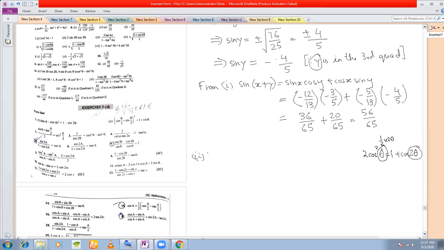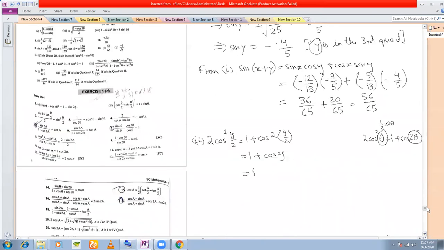So therefore you can write 2 cos square of y by 2 is equal to 1 plus cos of twice of y by 2, which is equal to 1 plus cos y, right? And cos y is given to be here how much?